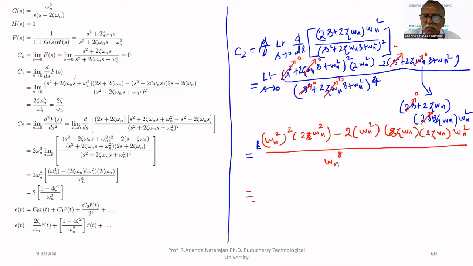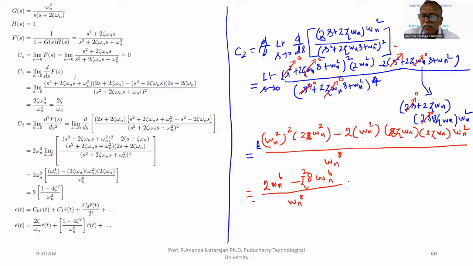That is equal to 2 omega n to the power 6 minus 8 zeta square omega n to the power 6, upon omega n to the power 8. 2 zetas are there.